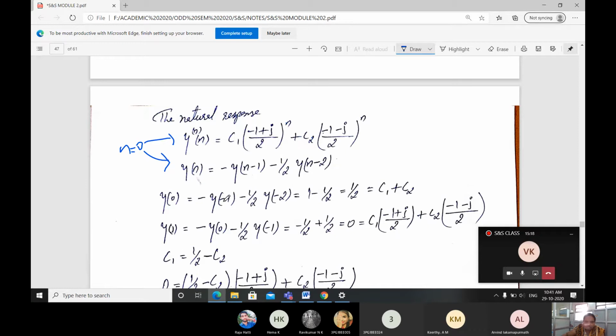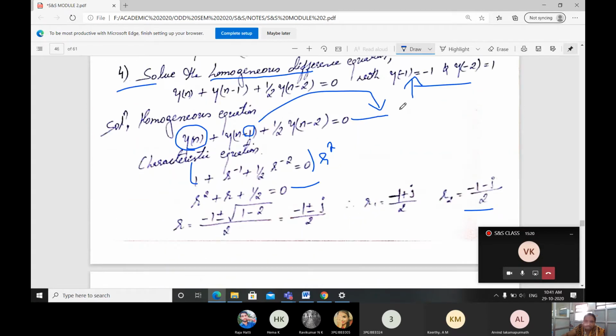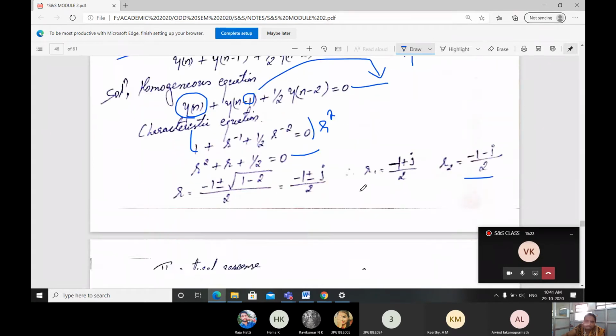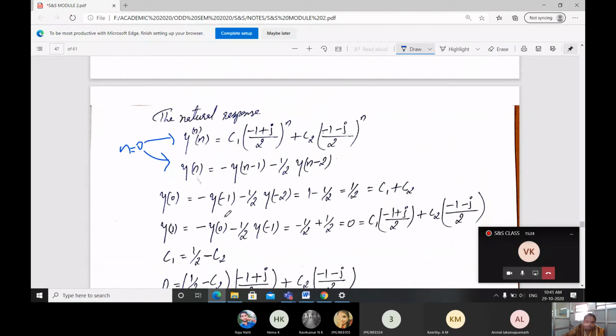Then what is our y of minus 1, the condition here it is given as minus 1, y of minus 2 is 1. Substitute those. If I substitute, y of minus 1 is minus 1, minus of minus, plus 1 you will get, then minus 1 by 2 y of minus 2, y of minus 2 is 1 only, for the reason you will be getting 1 minus 1 by 2, that is nothing but 1 by 2.